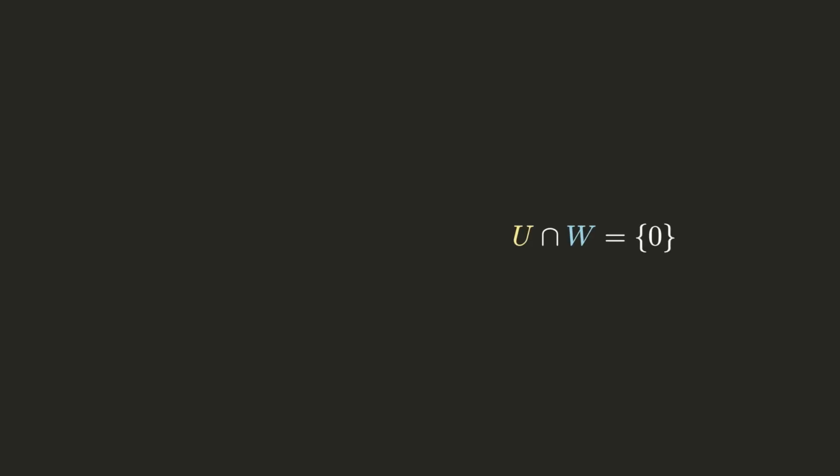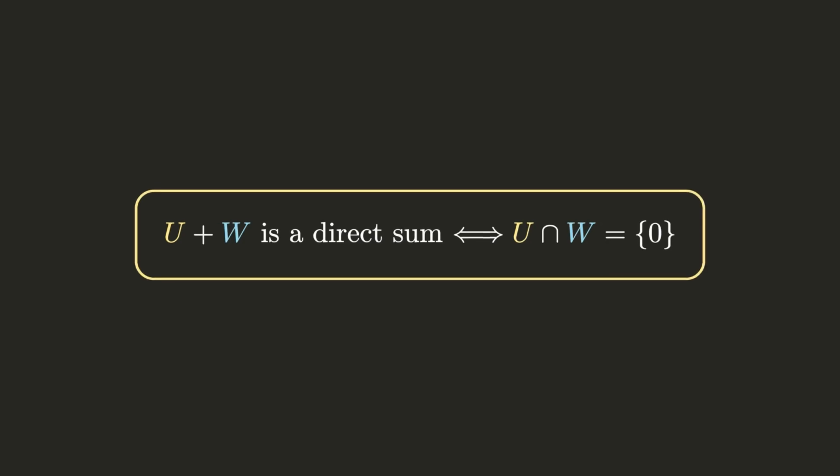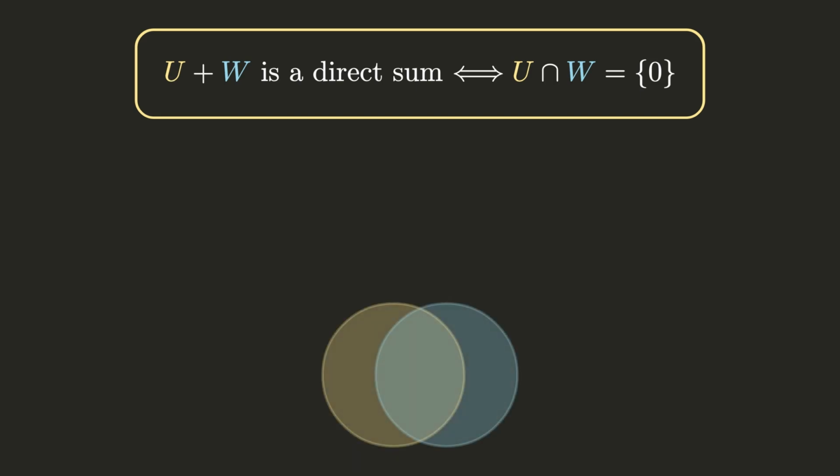U and W intersect at 0 if and only if U plus W is a direct sum. But why is it though? Let's suppose the opposite. We suppose the intersection has a non-zero vector v.